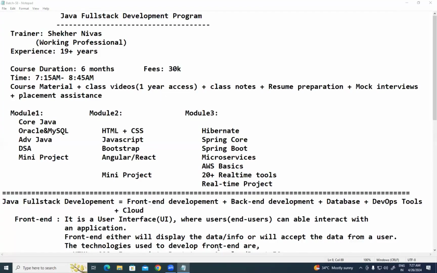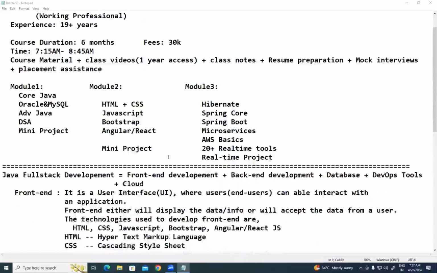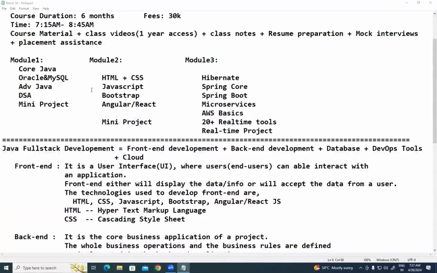So folks, these are the complete Java full stack development course modules. Here we are starting with core Java today in module 1. Once a couple of weeks of core Java are completed, you will feel a little more comfortable. Then let's go with module 2, where we can start with HTML, CSS, JavaScript and all.